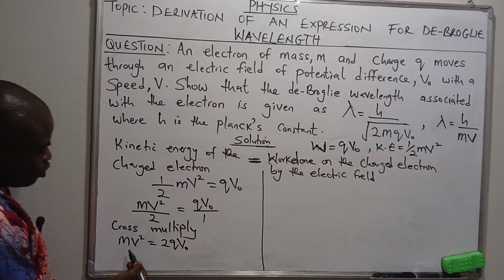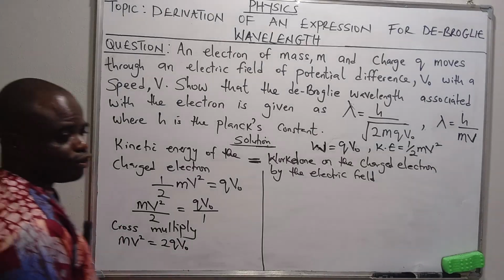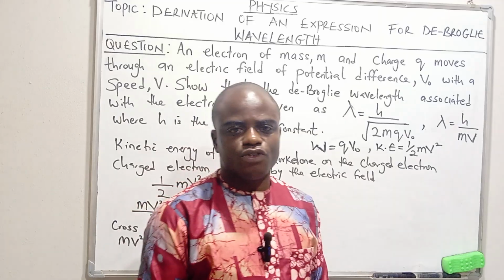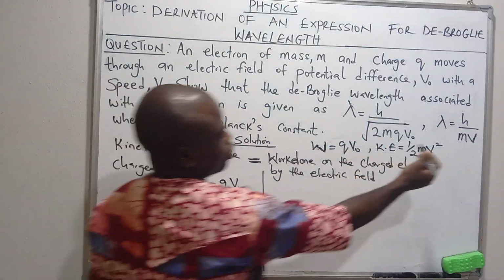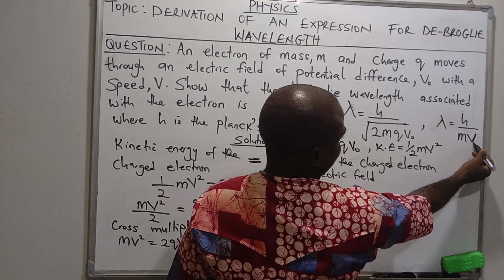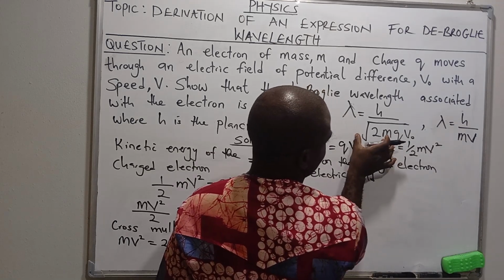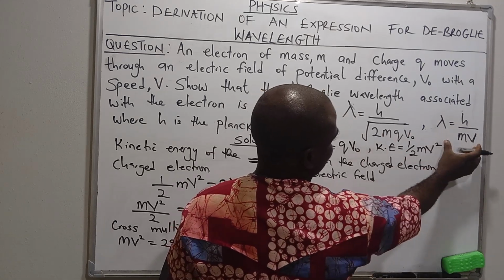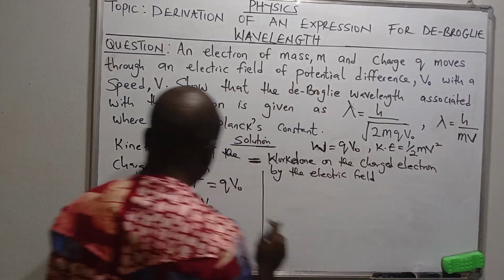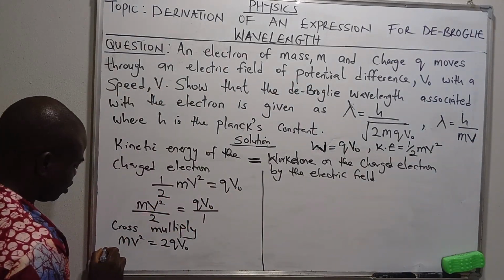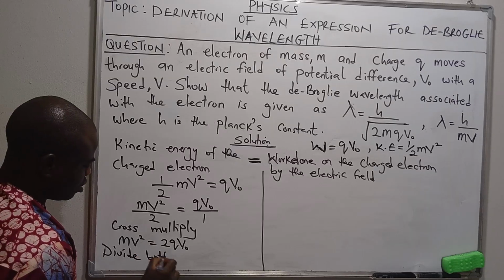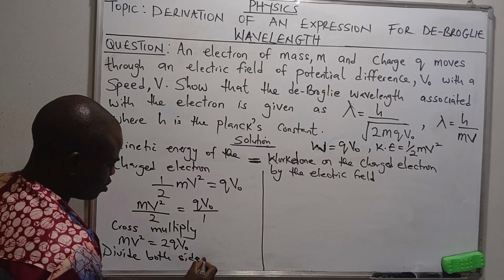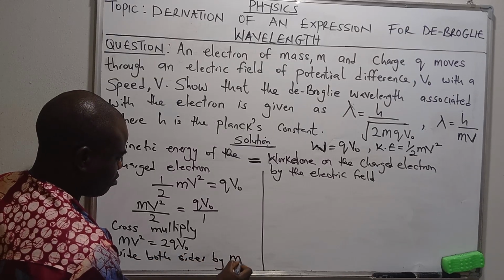Don't forget that we are going to make v the subject of the formula. Why do we make v, the speed of the electron, the subject of the formula? Because we are going to substitute it in this expression to get the expression we're having here. You must know this formula in your memory. Divide both sides by m.